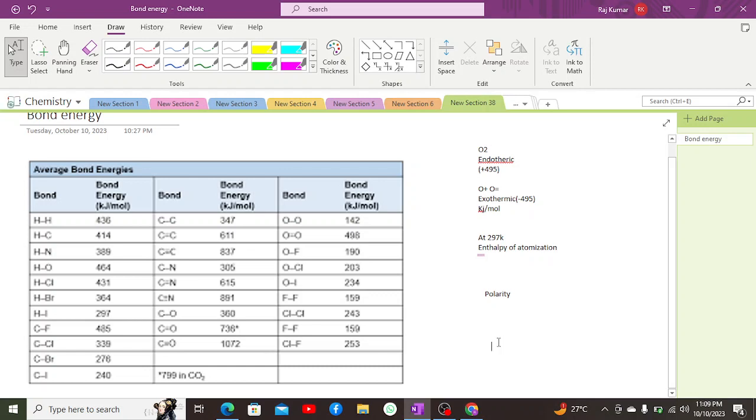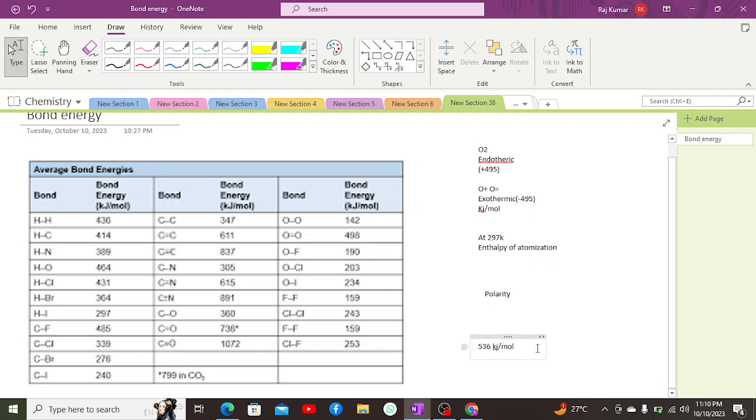A good example of this is hydrogen fluoride. Hydrogen fluoride has its bond energy as 536 kilojoule per mole.